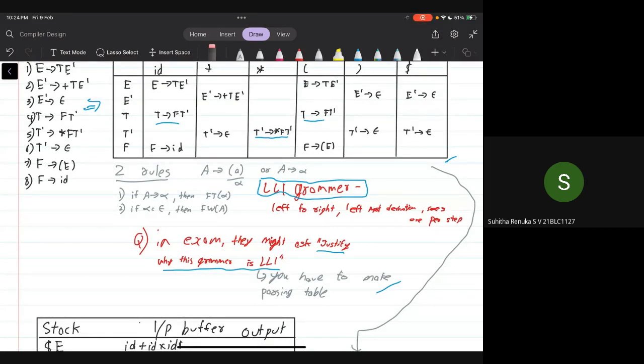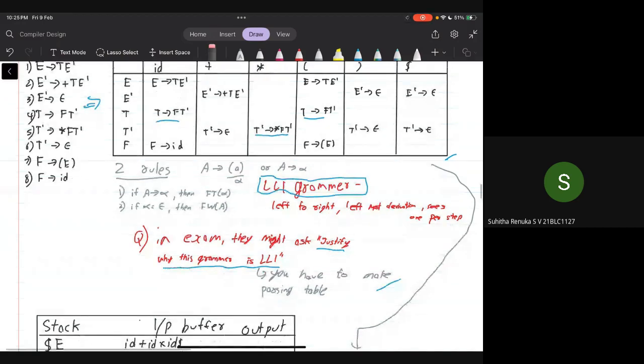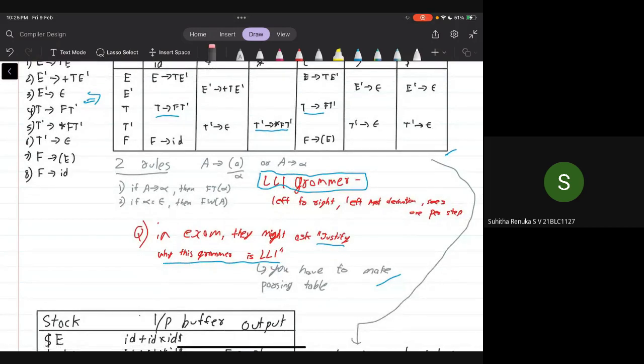If it satisfies, you can say that this grammar is LL1 grammar. And in case there are two derivations in a cell, we should say it is incorrect.